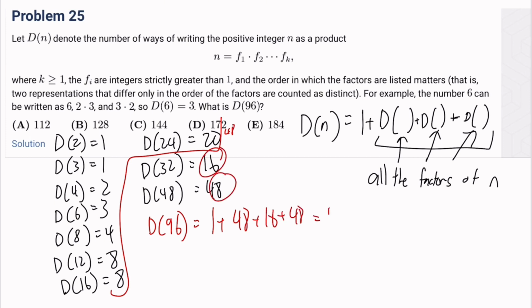So this equals 17 plus 48 times 2. This is 17 plus 96, which is 113, so no, sorry, that is 112. So the answer is A. So that was it for problem number 25. And thank you for watching.